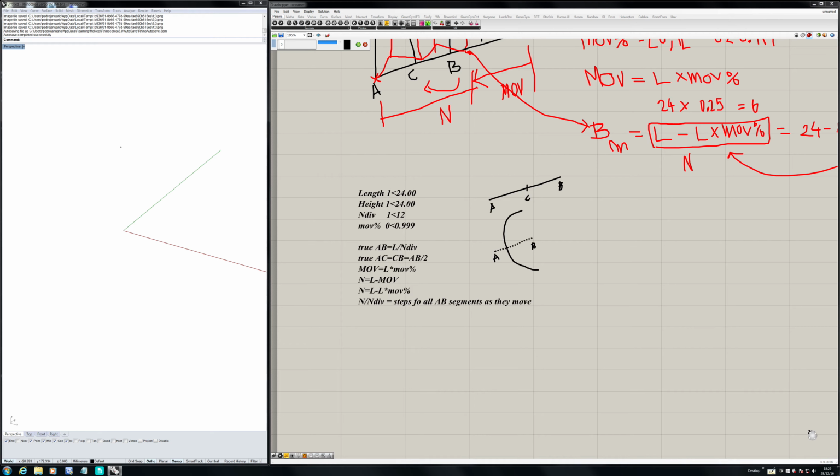So let me make a better drawing. A, B. Okay, now let me try to draw a circle, a red circle. Try to draw it in perspective.